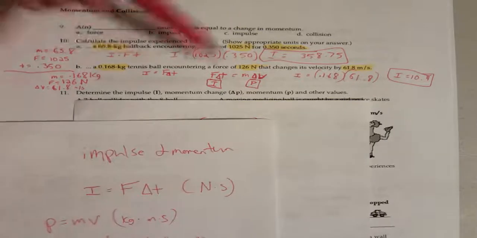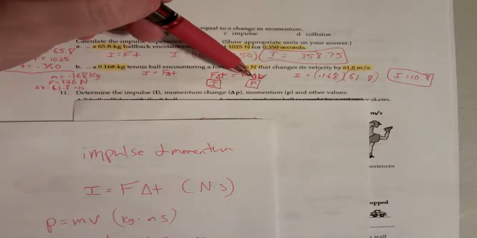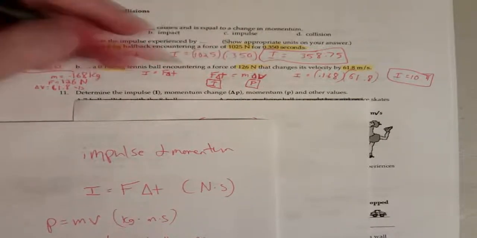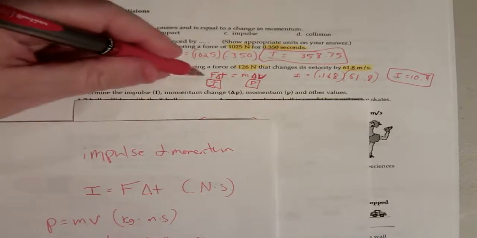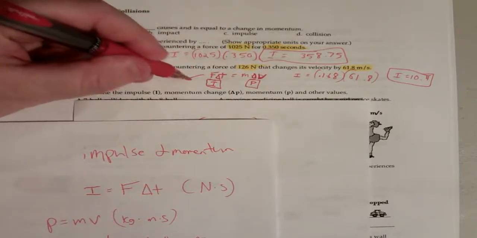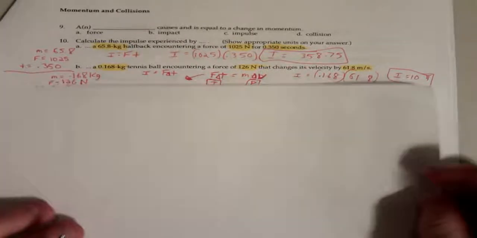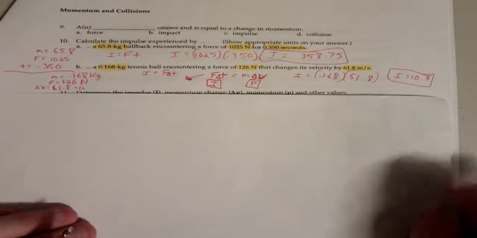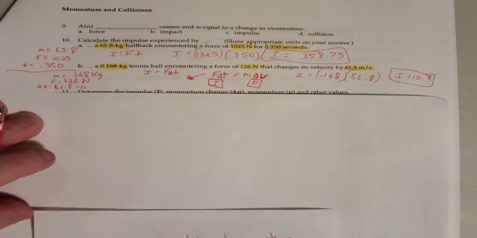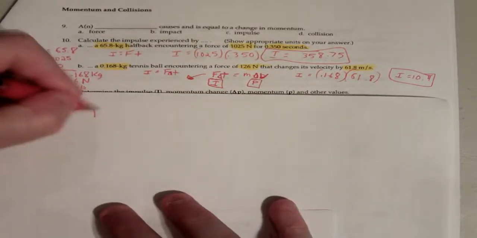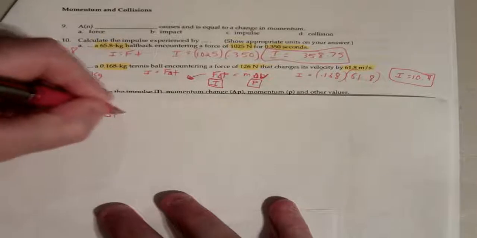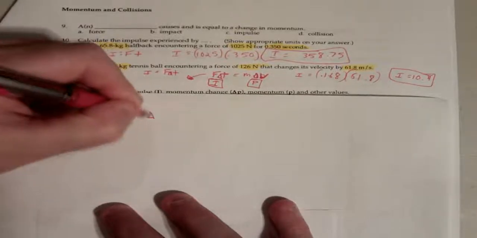So again, we know that our impulse will equal our momentum. We know that they give us our force. So I'm going to rewrite this down here super small. You know what? Let's just use another paper. That way we can get big with it. Okay? Yeah, that's good. So we know that force times a change in time equals mass times a change in velocity.